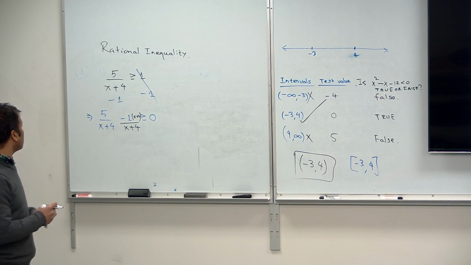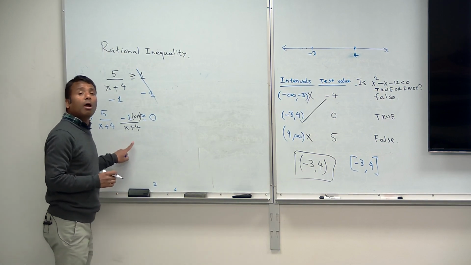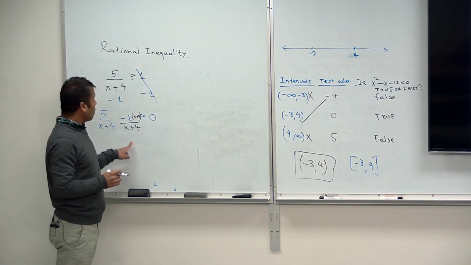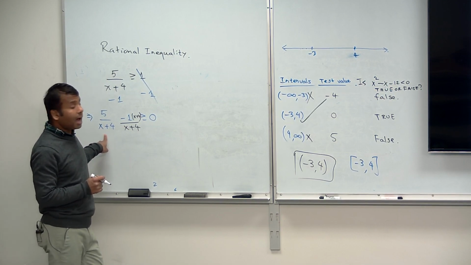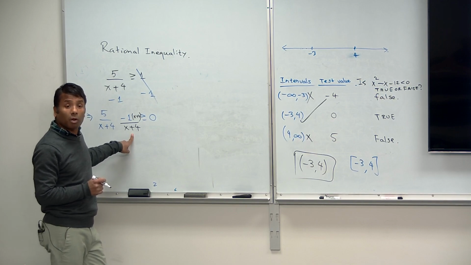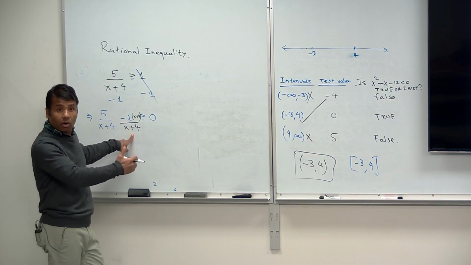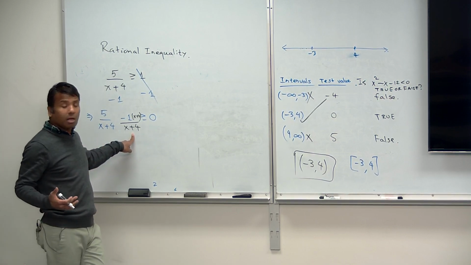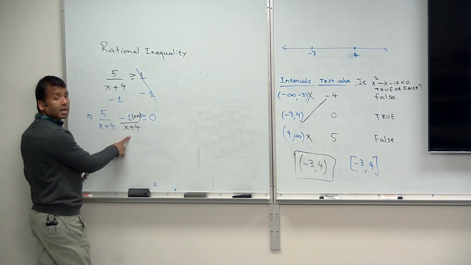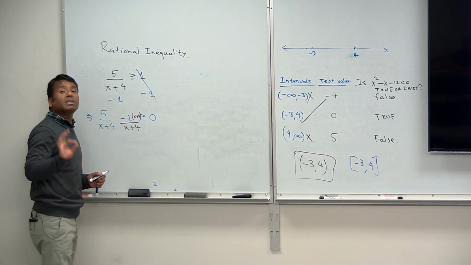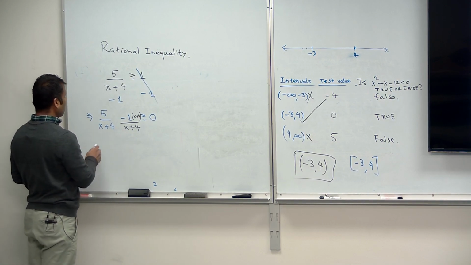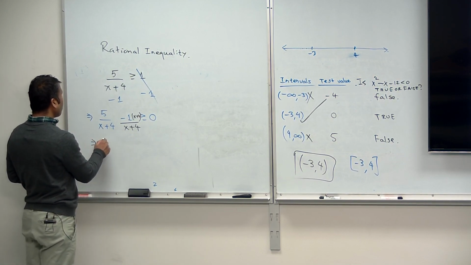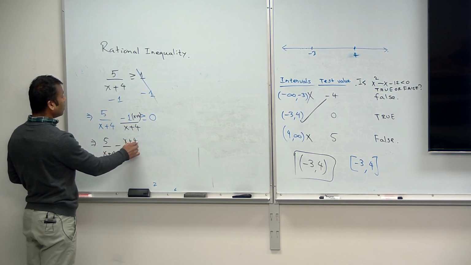What I'm trying to do is make a single fraction on the left side. And how is it possible? I want to make common denominators, right? What is the denominator of the first term? x plus 4. I want to make the denominator x plus 4 on the second term, okay? So I multiply the denominator and numerator of the second term by x plus 4. So it would be 5 over x plus 4 minus (x plus 4) over (x plus 4).